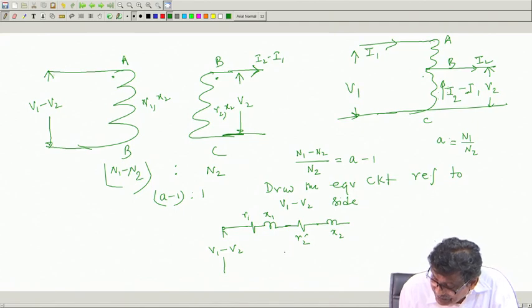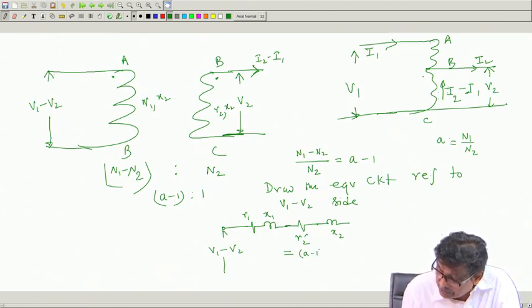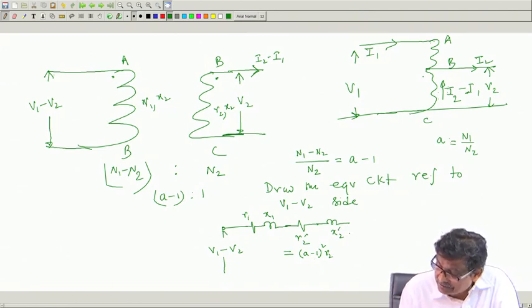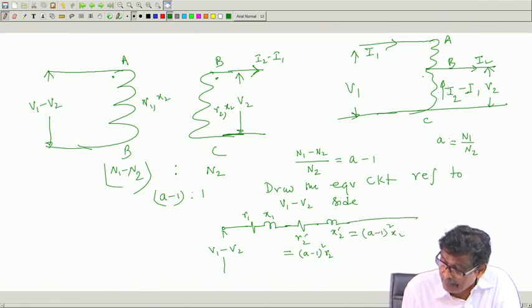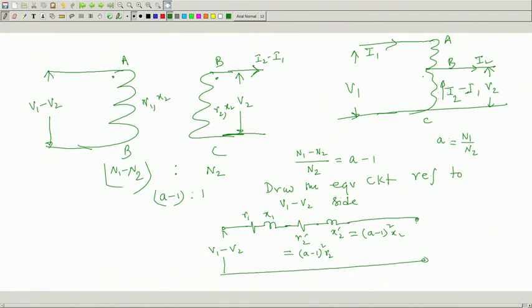Now, the big question is what is this R2 dashed in terms of R2? Turns ratio is this. So, this must be (a minus 1) whole square into R2, not a square into R2. Similarly, this X2 dashed should be equal to (a minus 1) square into X2. Is not? What voltage should I write here? This V2, a times V2. So, I must write here (a minus 1) into V2, actual voltage V2, a times this.